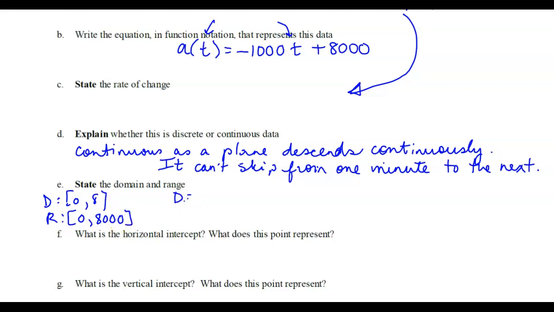If we do it in set builder notation, then we're dealing with time, from 0 to 8, and range is A, going from 0 to 8,000.